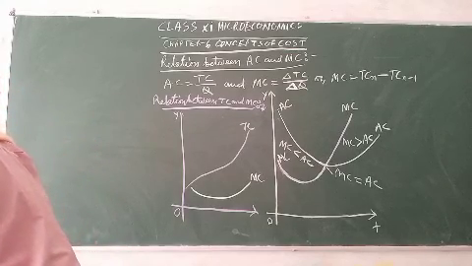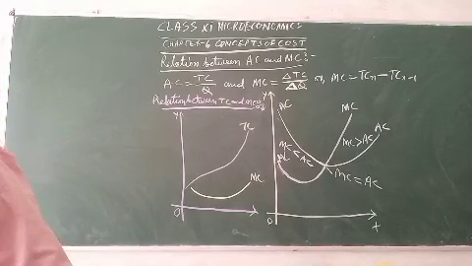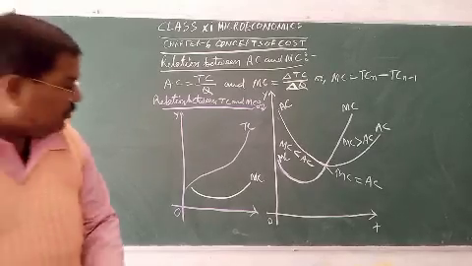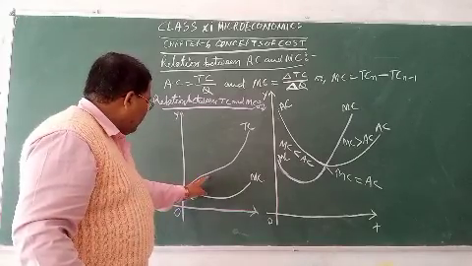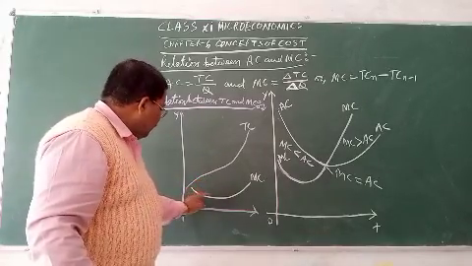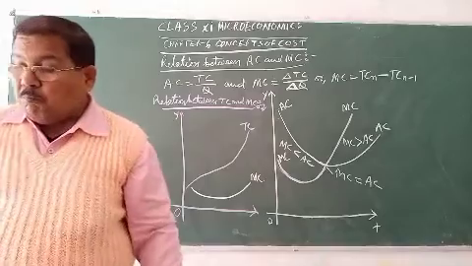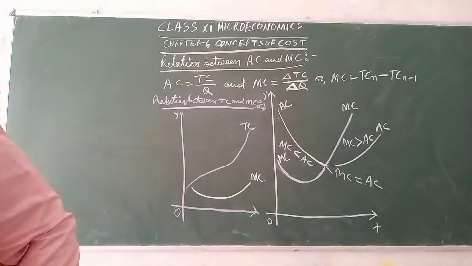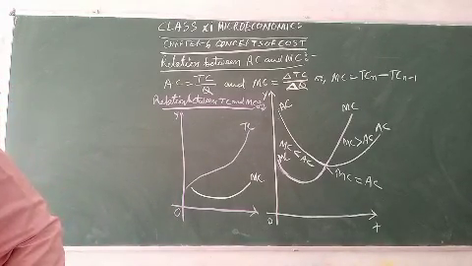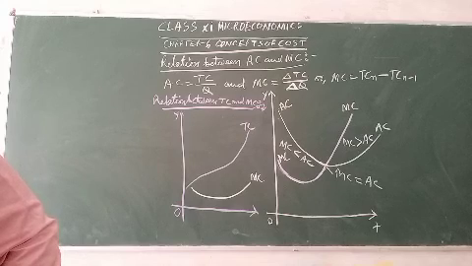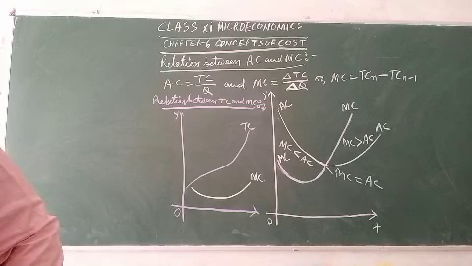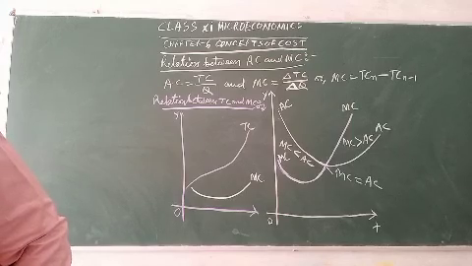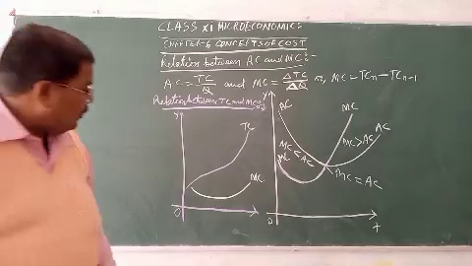The first relation, when TC increases at a diminishing rate, the marginal cost declines. The TC is increasing at a diminishing rate, MC is declining. Second relation, when TC increases at a constant rate, MC becomes minimum and constant.